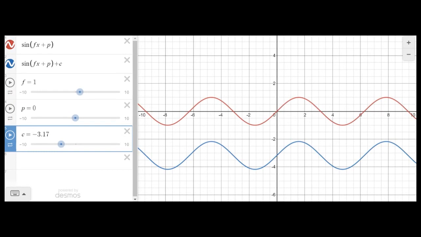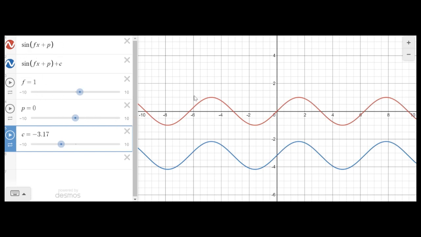Can you see, these are your two light waves. This is your first light wave, this is your second light wave. This is just an expression.